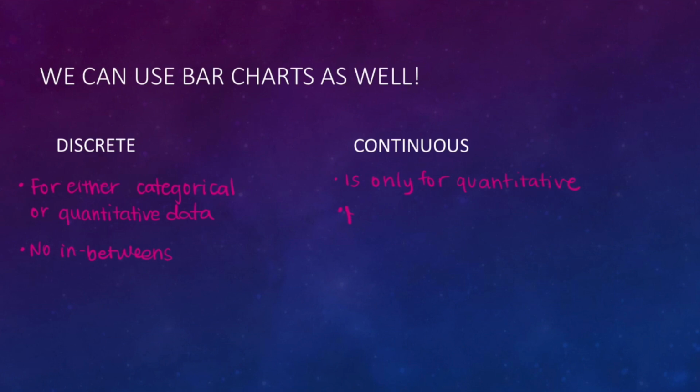In-between values are possible. For example, height would be continuous, because you could be 6'2", or you could be 6'3", or you could be anywhere in between, right? There's no stop. There are no gaps between the different options.